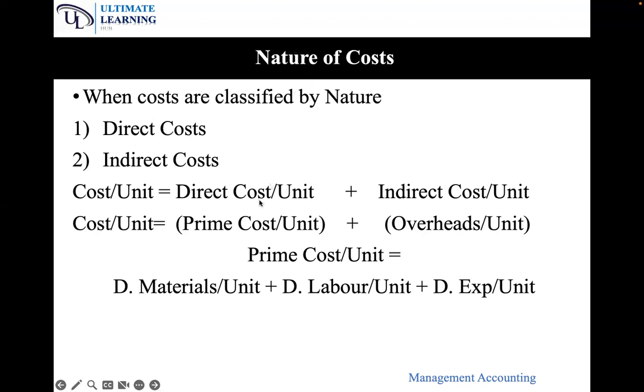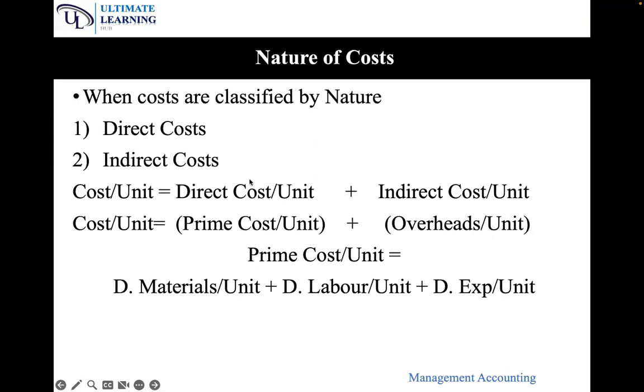Direct cost per unit can also be referred to as prime cost per unit, and indirect cost per unit as overhead cost per unit.